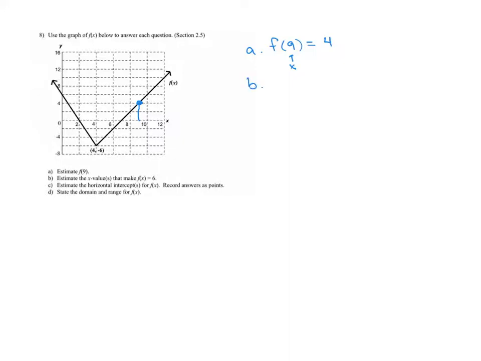For B, we have f of x equals 6. So where is this equal to 6? We are looking at the graph right here. So f of x equals 6. That means x is equal to 0 and 10.